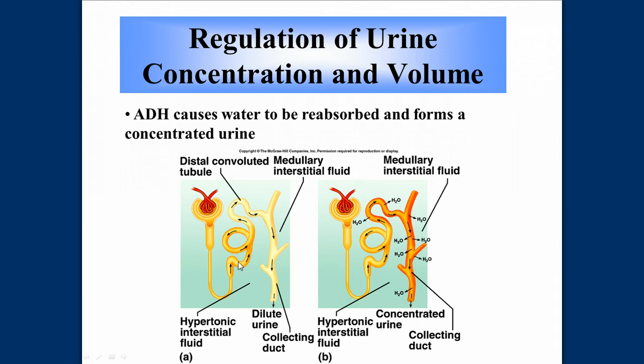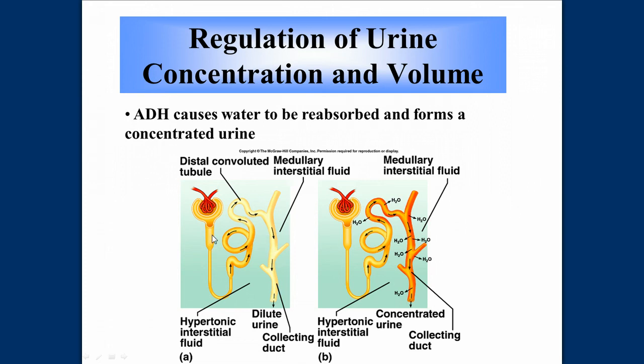Now, the ascending loop and the distal convoluted tubule do not allow water to pass through. It is impermeable to water, meaning that permeable means it allows it to pass through, impermeable means that it will not allow it to pass through.